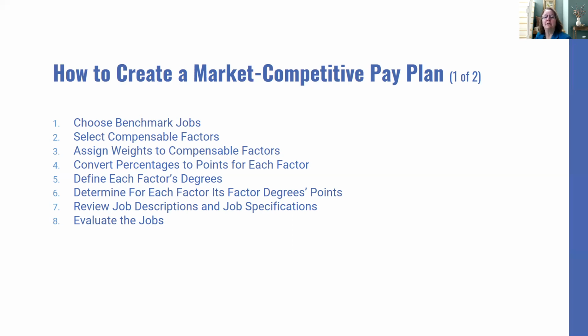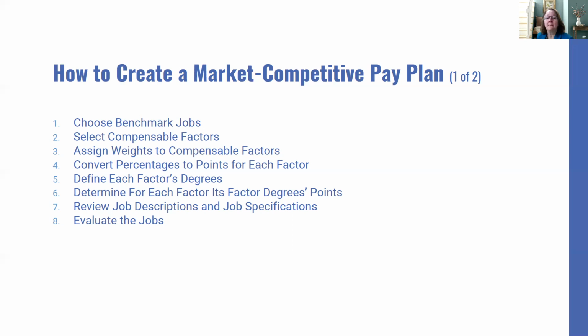The evaluation committee must be able to determine the number of points each job is worth. So to do this, the committee must be able to examine each job and from each factor's degree definitions, determine what degree of each compensable factor that job has. For them to do this, we must first assign points to each degree of each compensable factor.